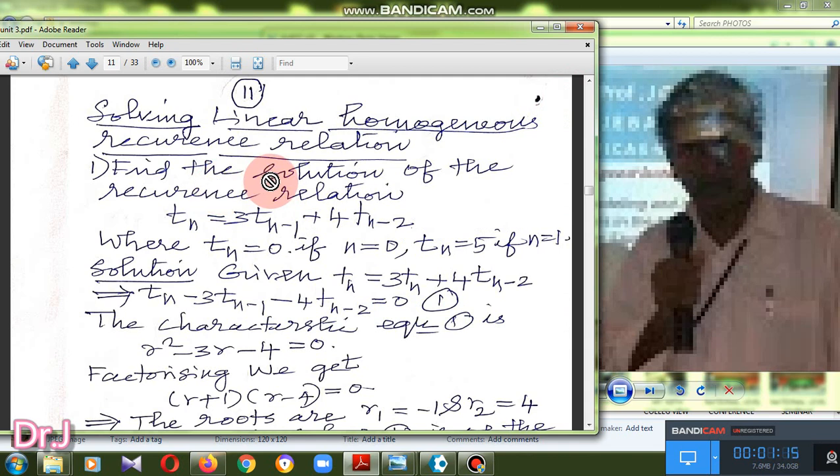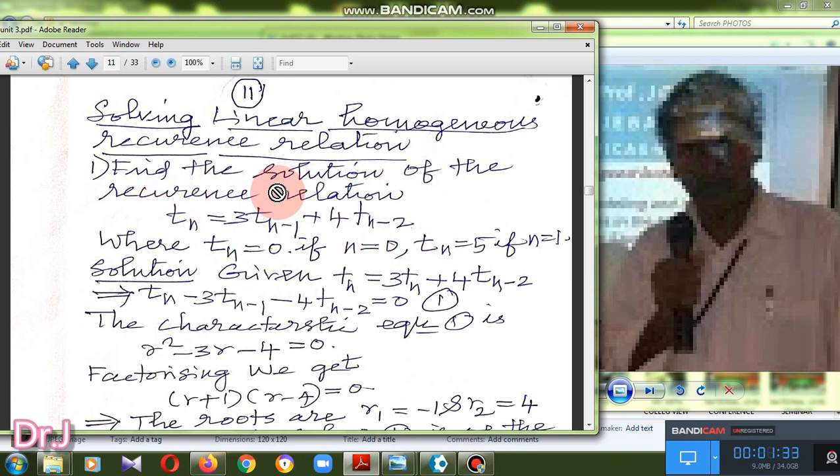Already I was discussing the solution of a recurrence relation. A solution of a recurrence relation is nothing but the terms or the sequence which satisfy this recurrence relation.